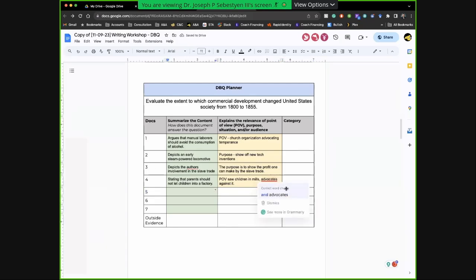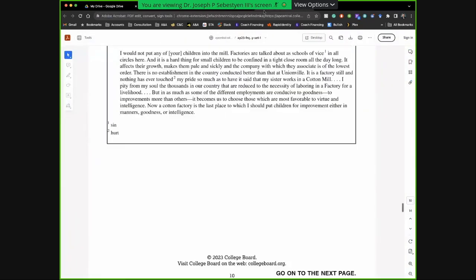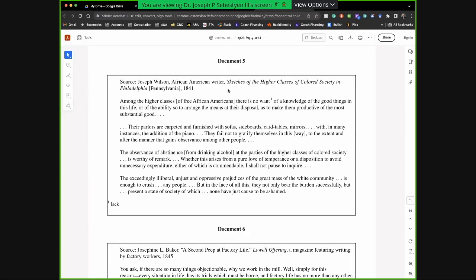Document 5. Joseph Wilson, African American writer, sketches the higher class of colored society of Philadelphia. Among the higher classes of free African Americans, there is no want of knowledge of a good thing in this life or the ability to arrange the means at their disposal so as to make them productive of the most substantial good. Their parlors are carpeted and furnished with sofas, sideboards, card tables, mirrors, and in many instances the addition of the piano. They fail not to gratify themselves in the way, to the extent, and the manner that gains observance among other people.